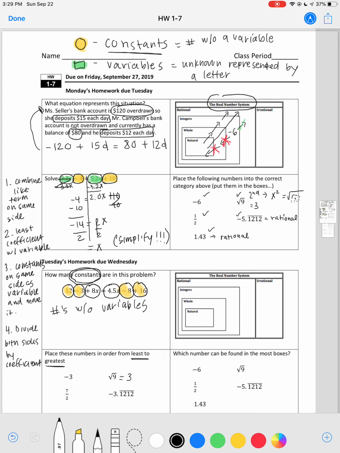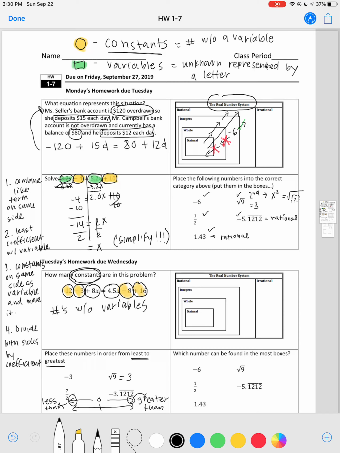On a number line, if this is 0, this way is greater and this way is less. Somebody pointed out to me that this looks like a less than sign, and this right here looks like a greater than, to help you remember.